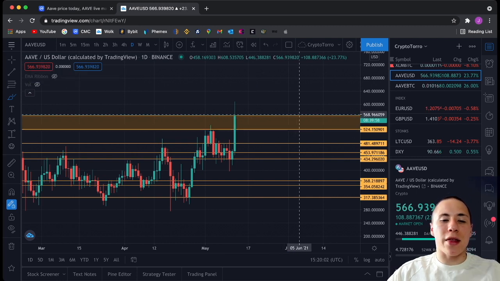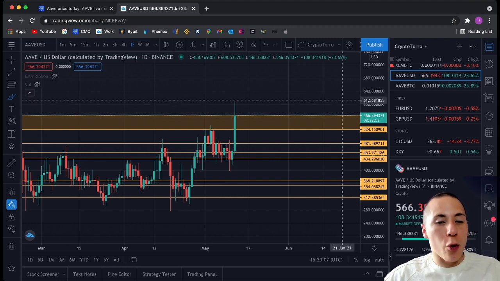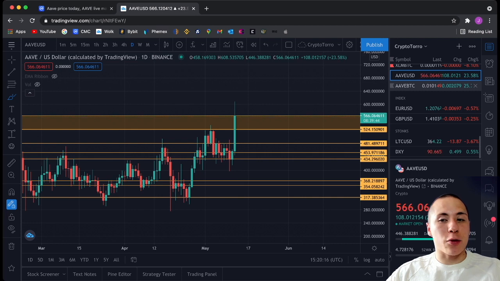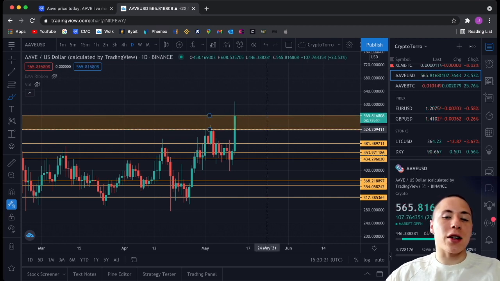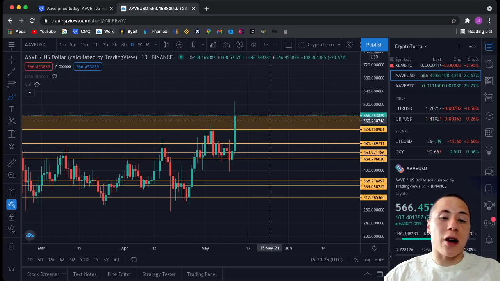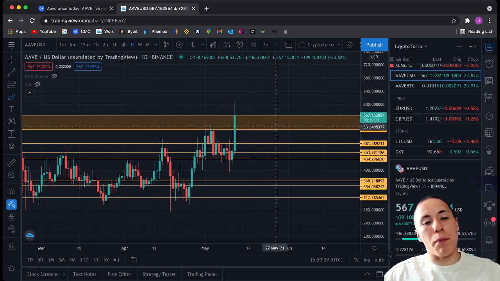But I personally think that Eve will be heading even further up before it will be bouncing back towards these levels where it will be finding support. And I personally think the $525 is a huge level of support and resistance. That's as well why I've drawn this orange box.